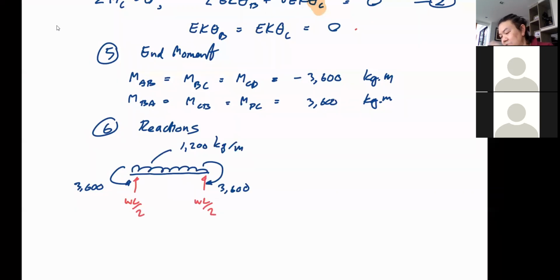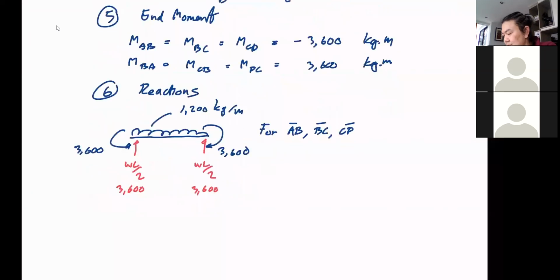So right here you have 6 meters. So basically this is 3600 and then 3600. See how easy that is? So it's going to be the same for member AB, BC, and CD. Okay, they are the same.